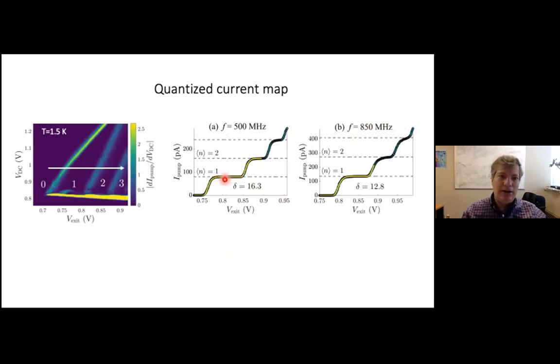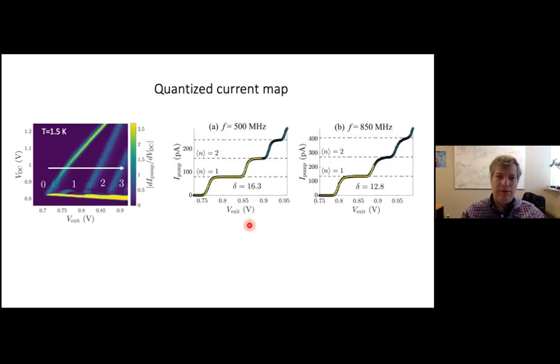Note that the current on the first plateau in both cases corresponds exactly to E times F for those two frequencies. And the second plateau is exactly double that current, and so forth. Now we can see that quantization is strongest for the n=1 plateaus and decreases at higher plateaus because the charging energy of the quantum dot tends to decrease as you move to the right.